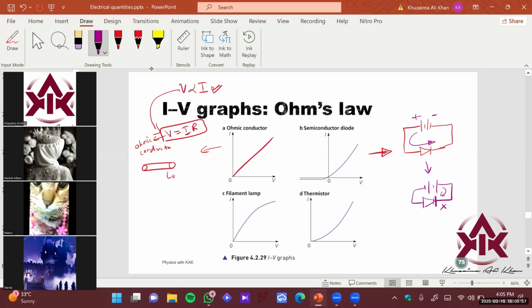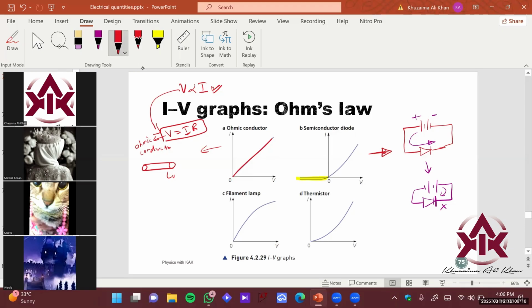So this side basically blocks the current. If your current is entering this side, it is going to block the current. And you can see that in the negative direction of the current, the voltage is almost zero. So it's not allowing the current to pass through over here.